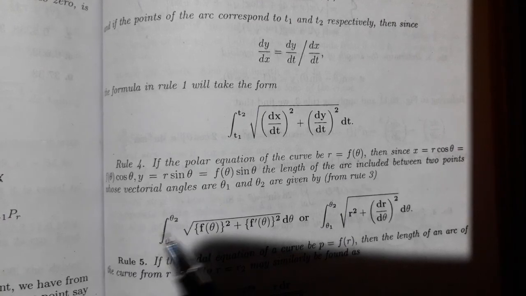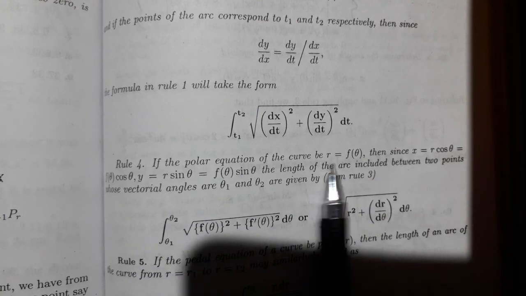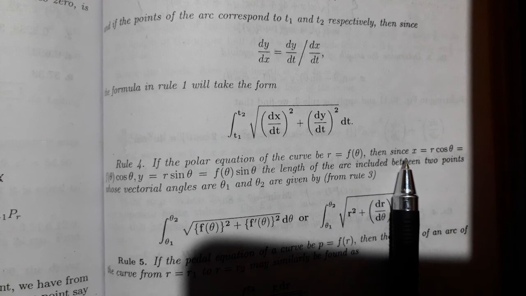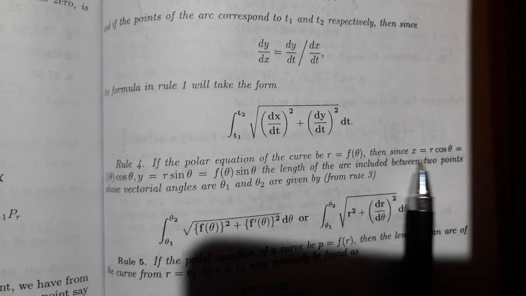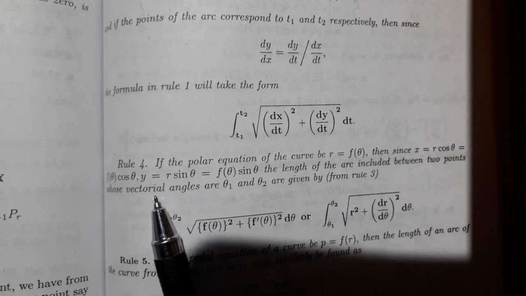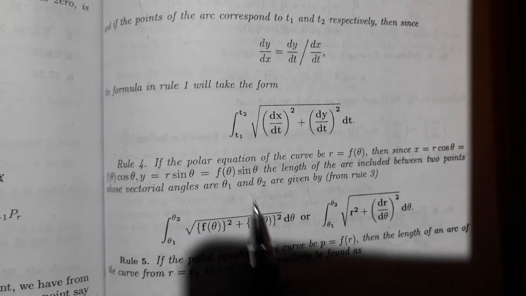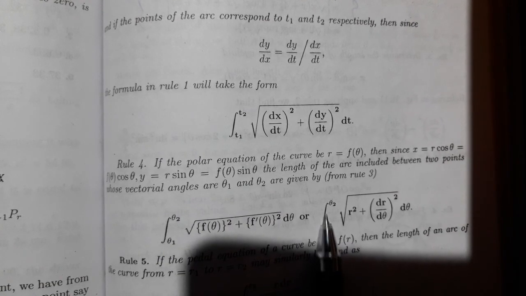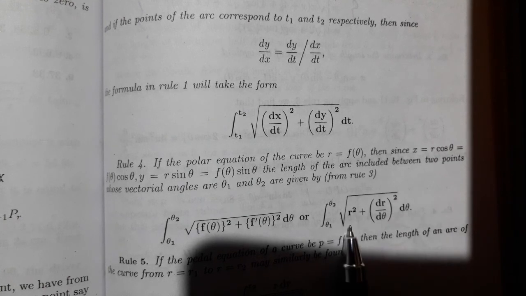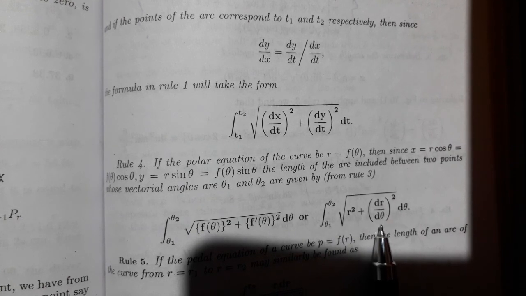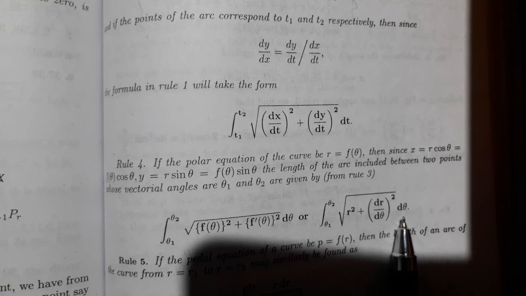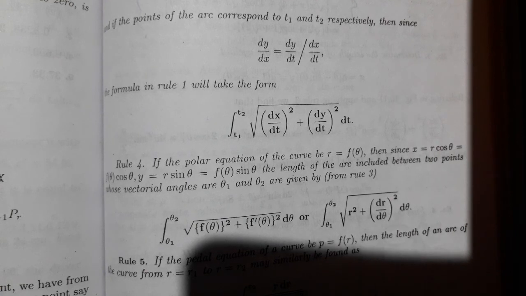Now if the curve is expressed in polar form, r equal to f(theta), then x is equal to r cos theta and y is equal to r sin theta, and the length of the curve is given from theta 1 to theta 2 by the square root of r square plus (dr by d theta) whole square, d theta.